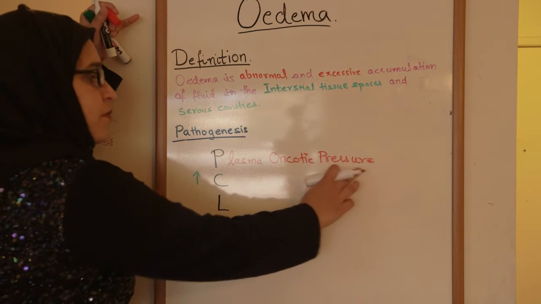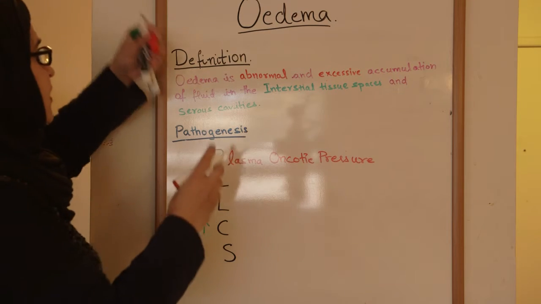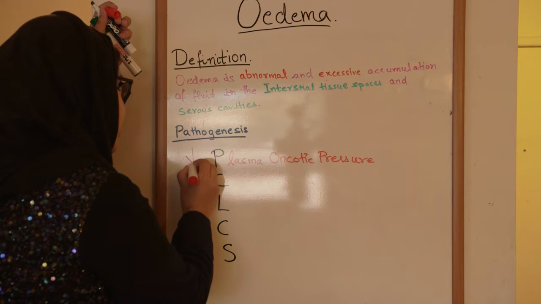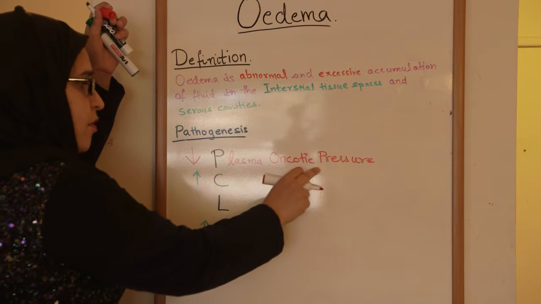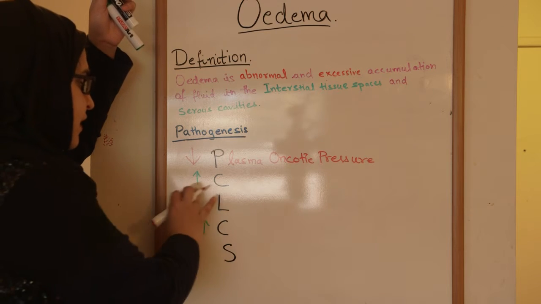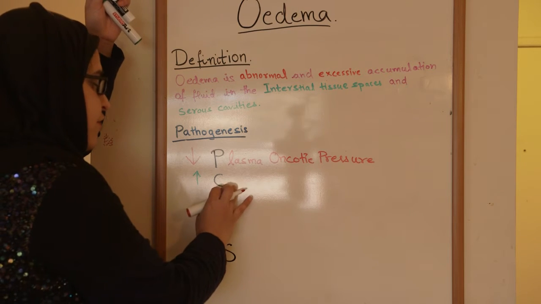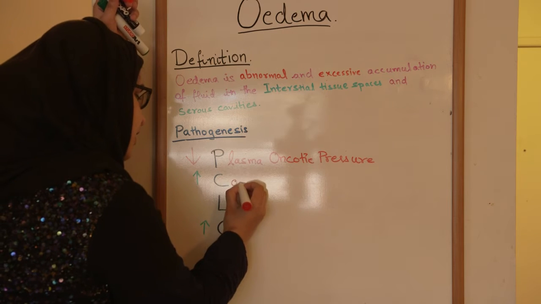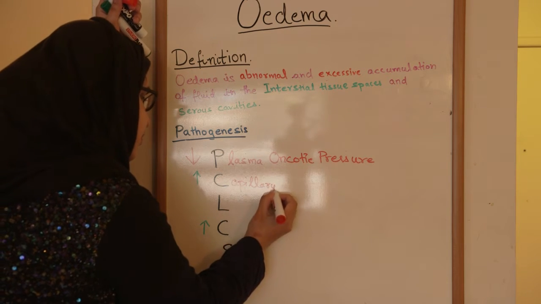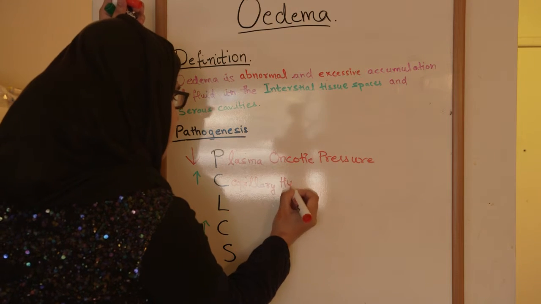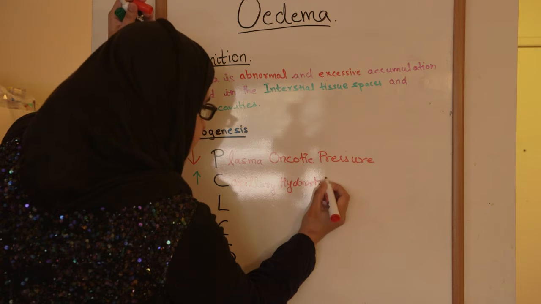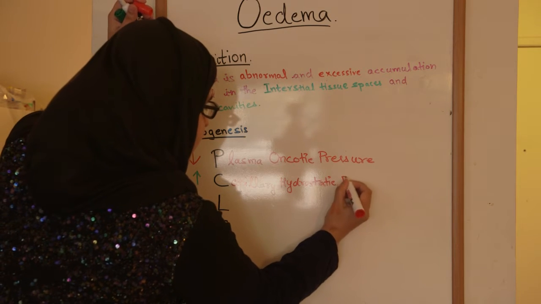So there is a decrease in the plasma oncotic pressure. Okay, first point. Then secondly, C for capillary hydrostatic pressure.